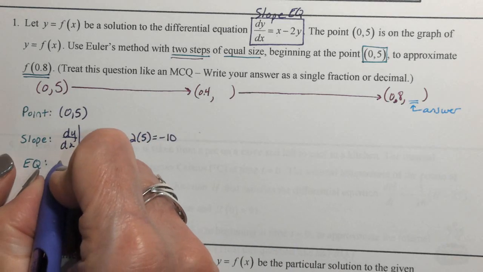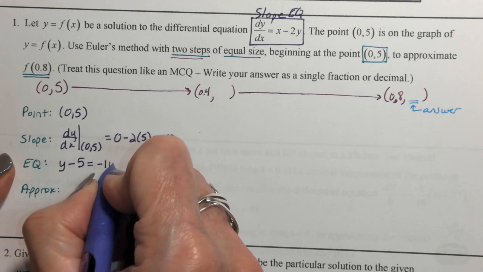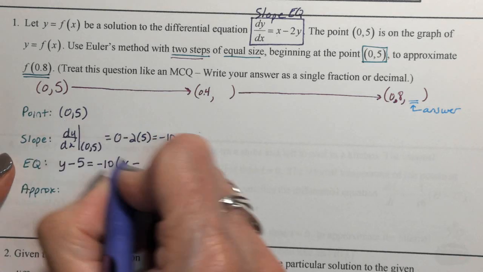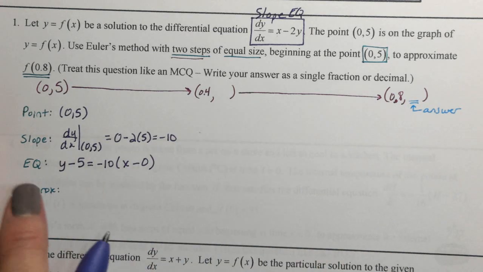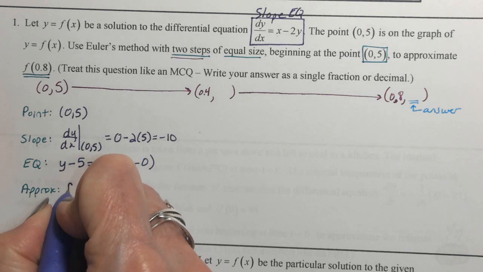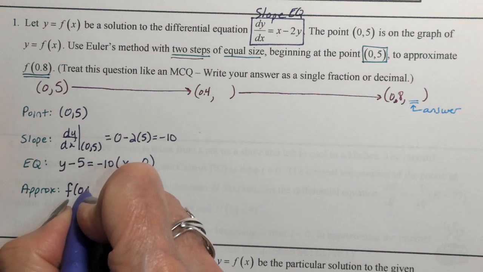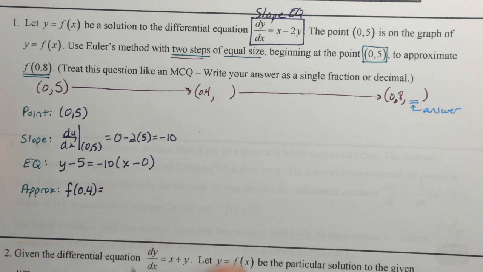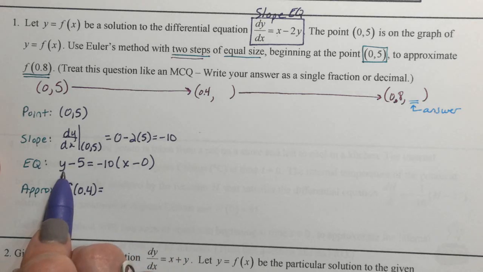Our equation, y minus the y coordinate of the point, is equal to the slope times x minus the x coordinate of the point. That's our equation. And now we go to our approximation. We are approximating f at 0.4. So we are going to put 0.4 in for x and solve for y.